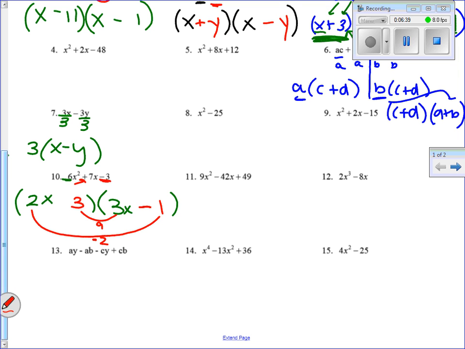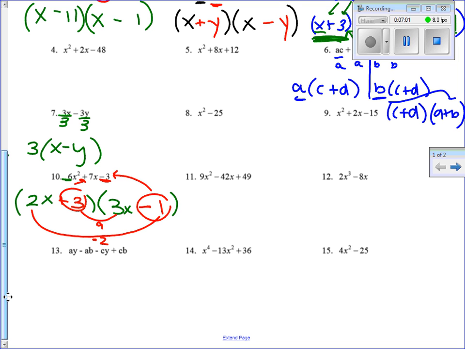So that means this 1 would have to be negative, and this 3 would have to be positive. And now you should always double check your signs. So make sure that when you multiply these red numbers right here, they actually equal -3. Yeah, they do. So that would be your final answer, 2x plus 3 times 3x minus 1.